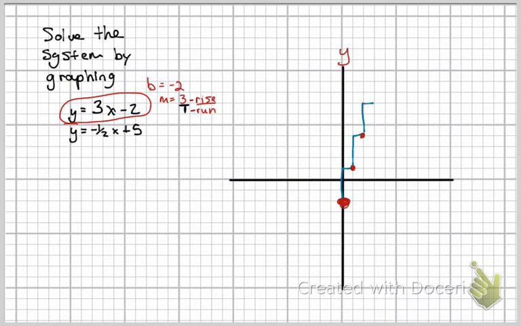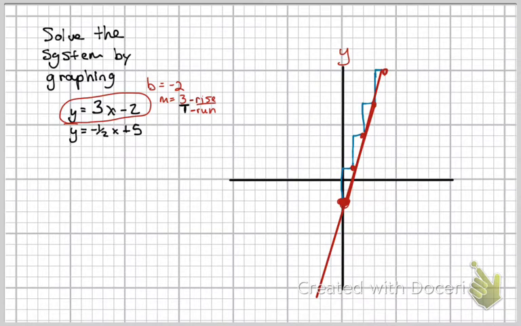So I'm just continuing the pattern of up 3 spaces and to the right 1. I would want this to go all the way to the edge of the page, just so I'm sure that I know what points are on this line. After I'm finished, I'm going to connect the dots, which gives me my line y is equal to 3x minus 2.